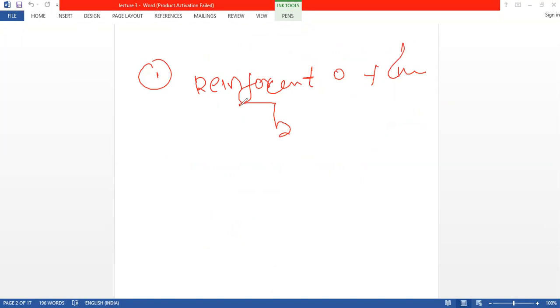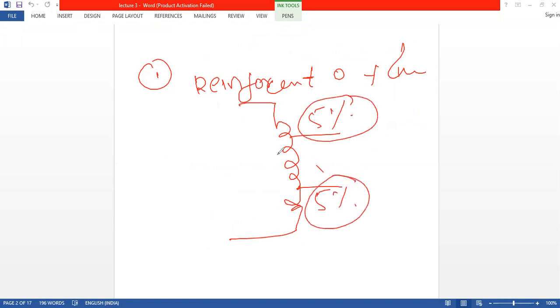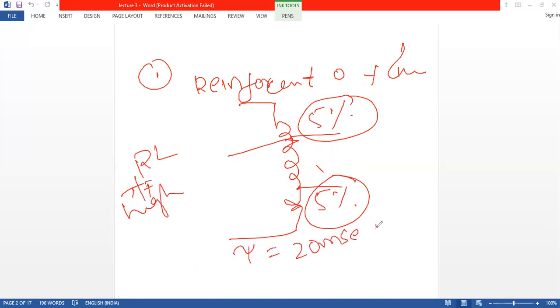Means if this is a transformer winding, the bottom 5% and top 5% are made with strong insulation, because the time constant of this RL circuit transformer is high, whereas the tau of our cycle is only 20 milliseconds. So the transient dies fast and spreads only up to 5% at the bottom and top. It will not spread in the middle of the winding. So you just need to reinforce the top and bottom 5%.